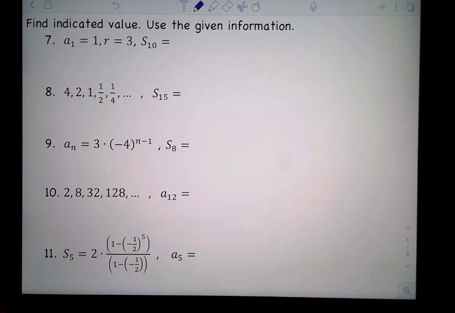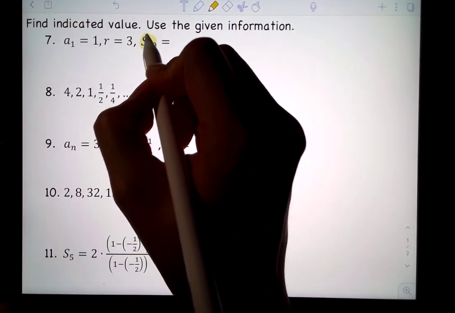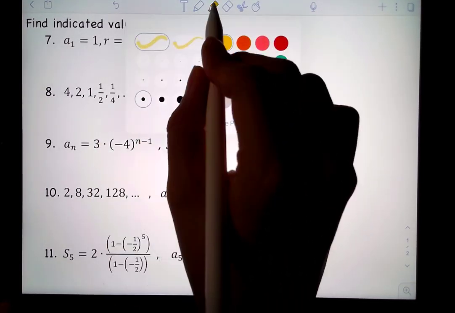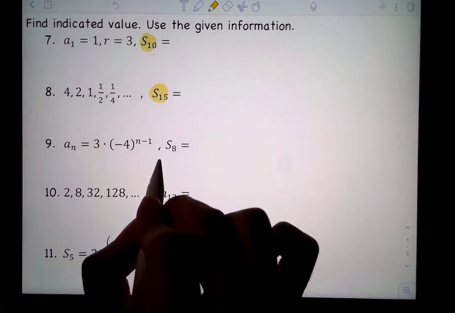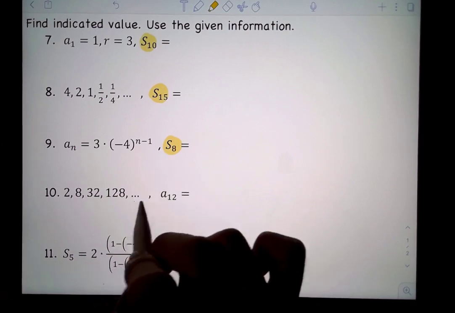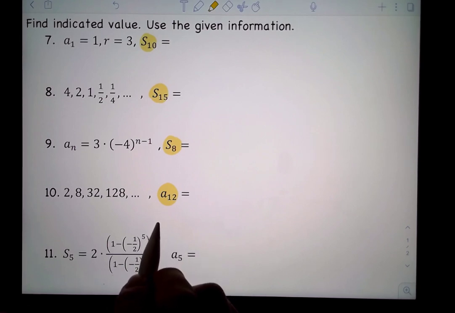All right. So first, oh, you know what that is? It's the sum, right? So make sure what you are looking for. Okay, you're looking for the sum, right? And for number 9, you're looking for the sum up to 8, right? And then for number 10, look, A12. So you're looking for the 12th term.